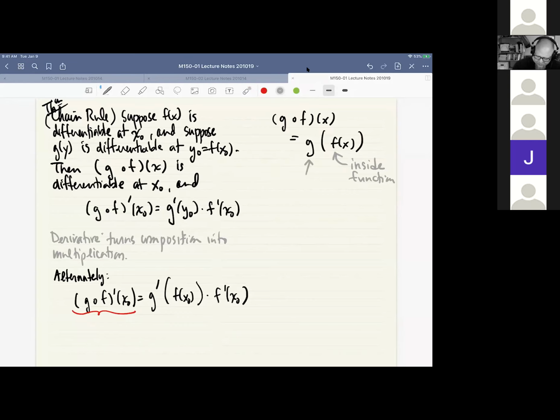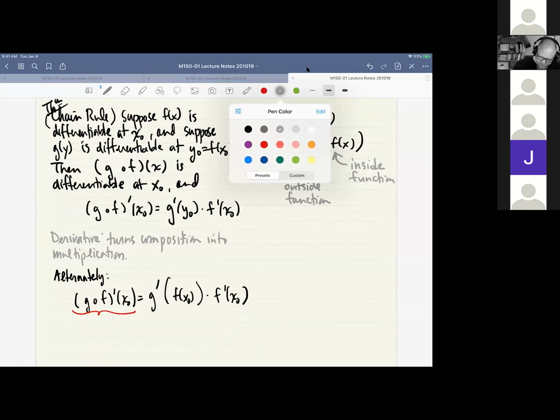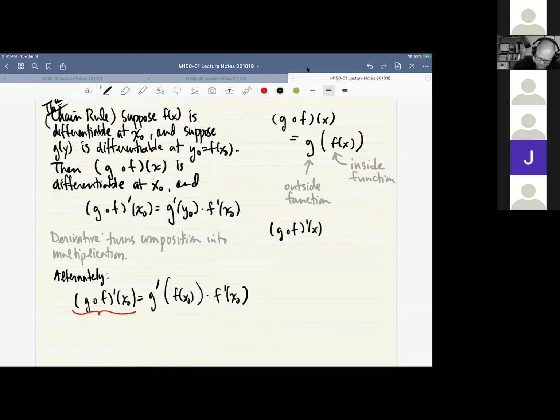And by contrast, you call g the outside function. The chain rule says that the derivative of a composition is the derivative of the outside at the inside times the derivative of the inside. That's what the chain rule says.